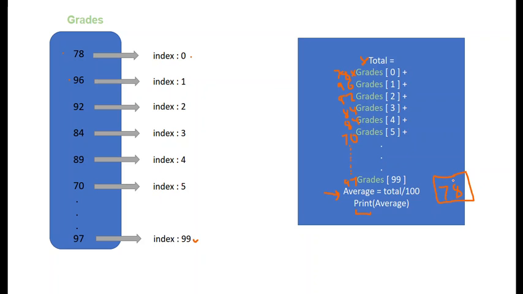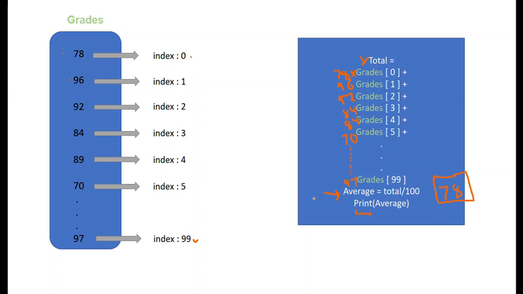So, as we have mentioned, this is completely inefficient. It's a waste of time. And there must be some other way to achieve the same goal in less time and with less effort.